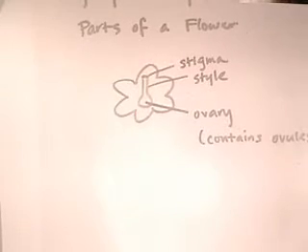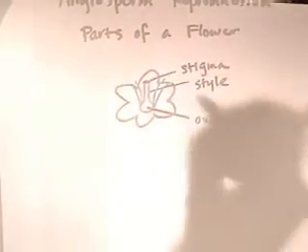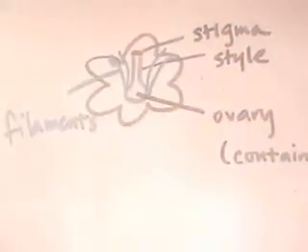Now surrounding that, you're going to have the male parts. These are called the anthers and the filaments. The anthers are at the top here. These stalks that lead up to them are called the filaments. This thing at the top here is called the anther.